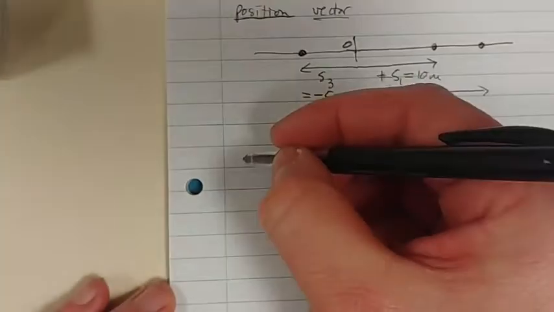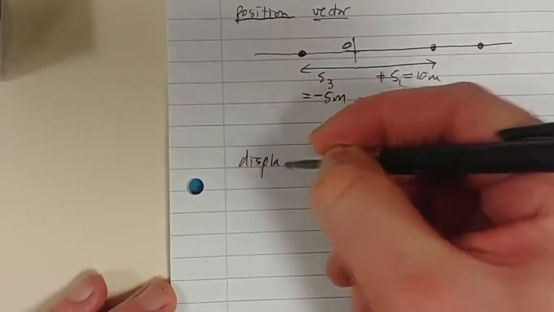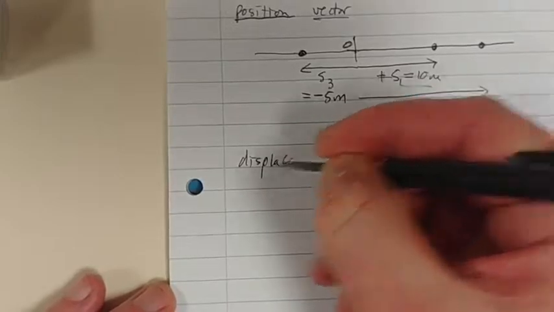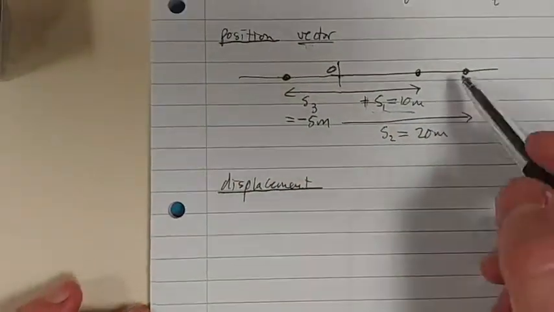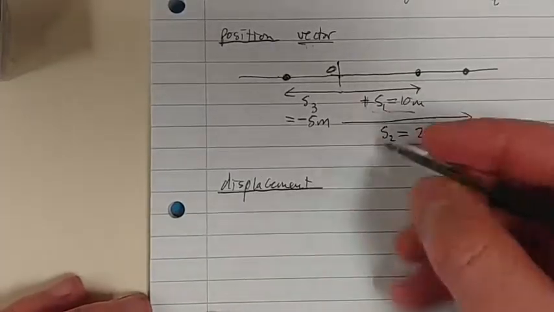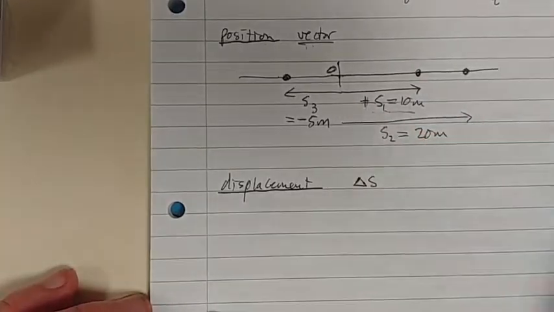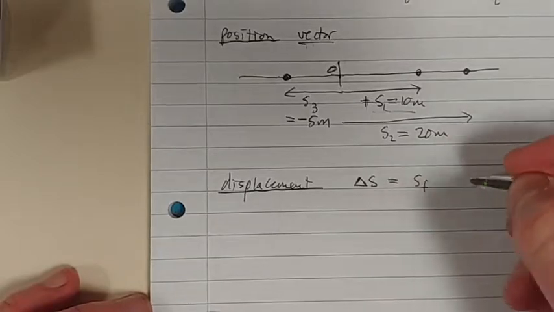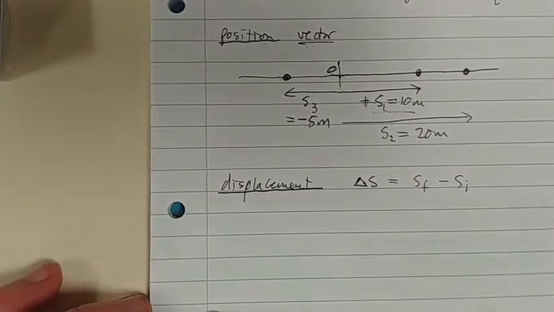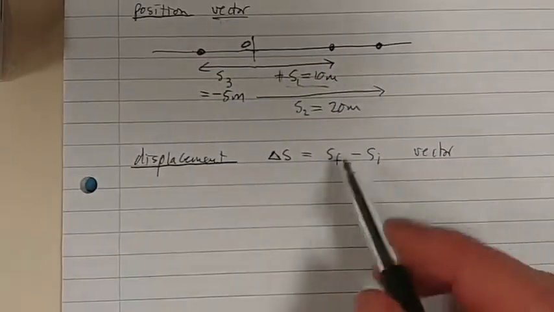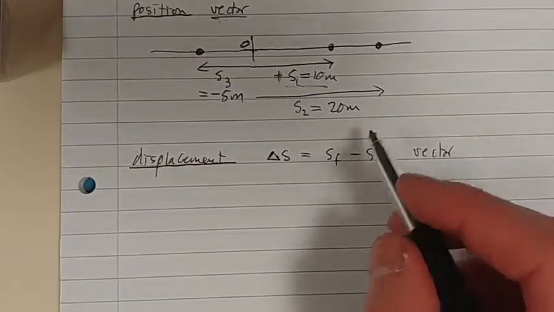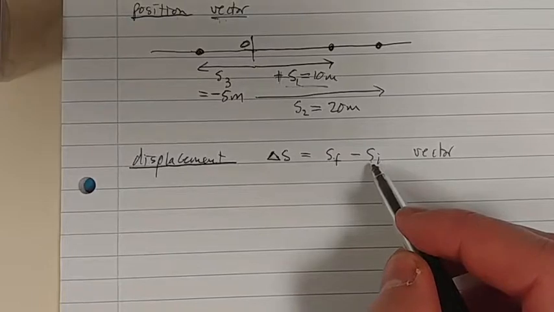Okay, the next thing we want to look at is displacement. Let's have a look at this example here. Displacement is just the change in position. It is my final position minus my initial position. It is also a vector. Please take note of this, guys. It is only the change in my position.